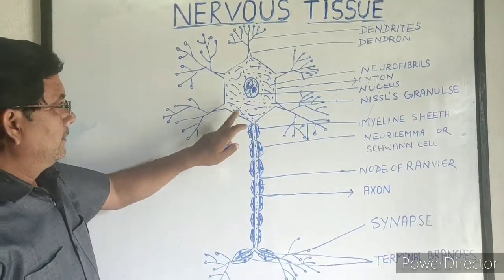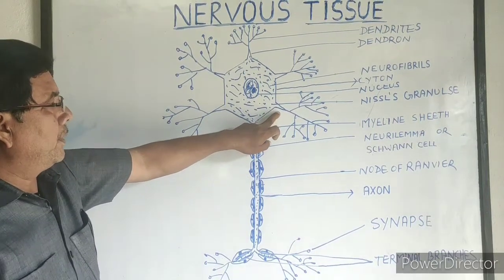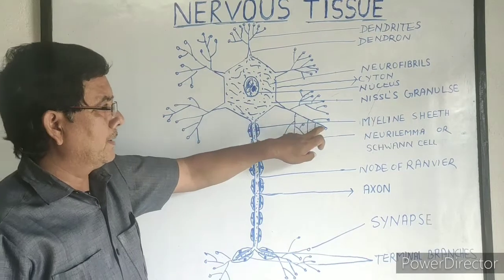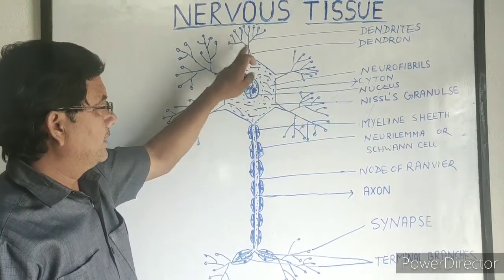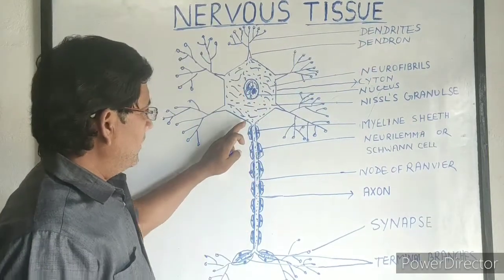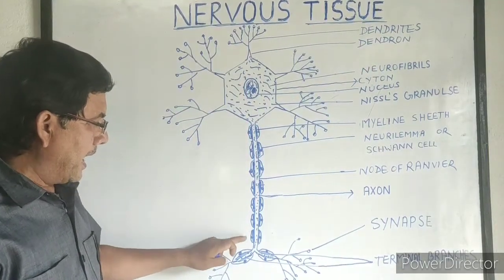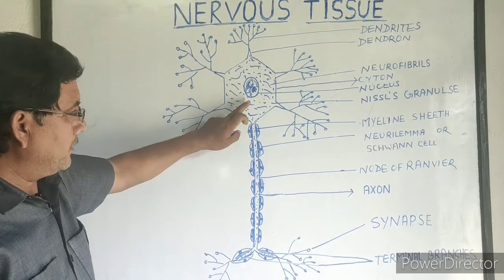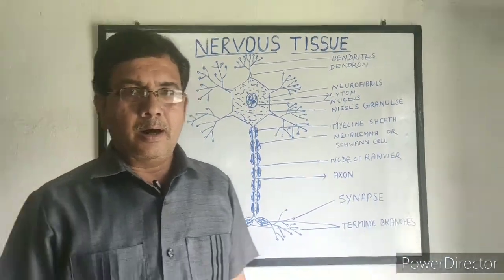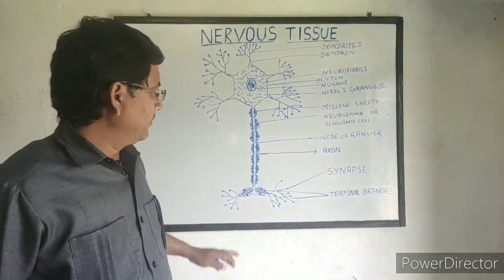That means dendrons arise from the cell body, or cyton, and each dendron divides into fine branches called dendrites. Dendron, dendrites. Now one long process arises from the cyton or cell body, which is called the axon or nerve fiber.